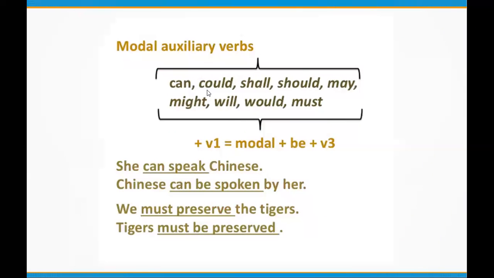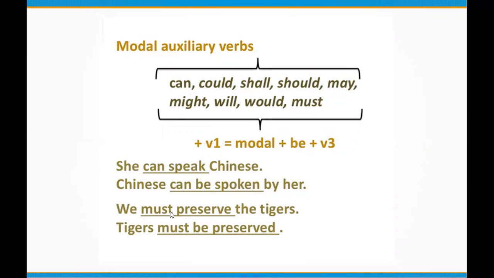So the formula is modal plus be plus B3. For example, she can speak Chinese. Chinese can be spoken by her. Can is a modal verb, after that we add be, and the third form of speak is spoken. Speak, spoke, spoken. Spoken by her.